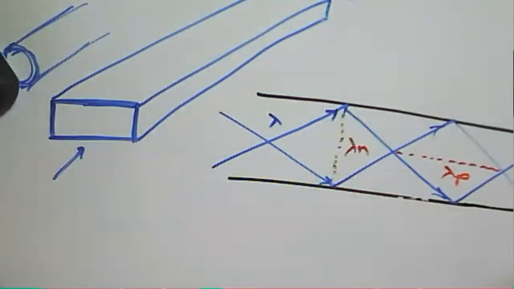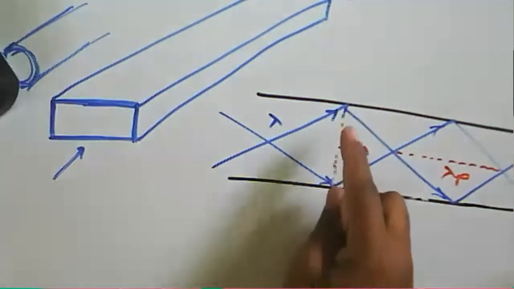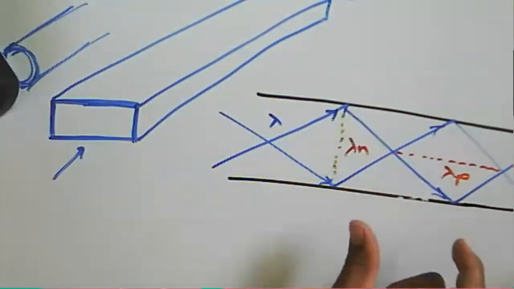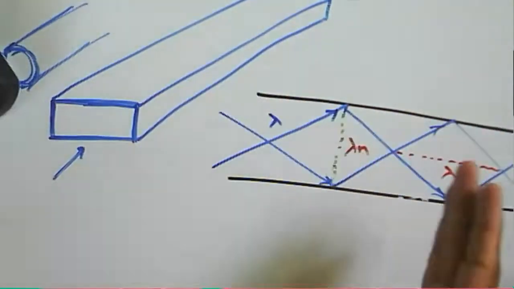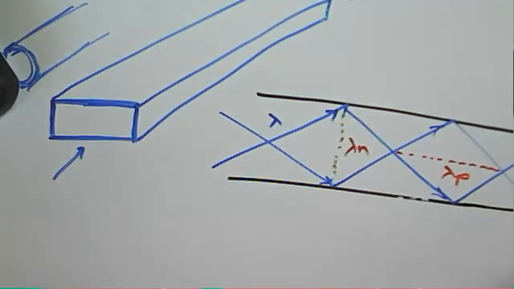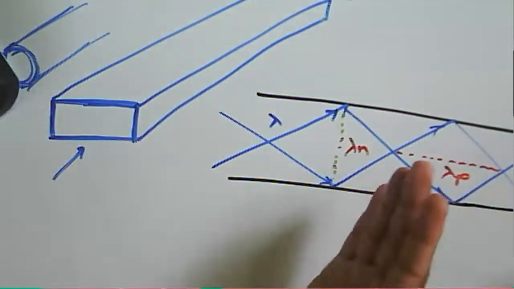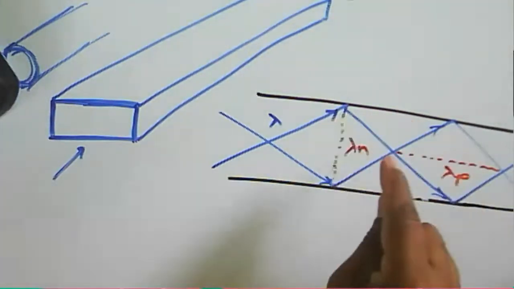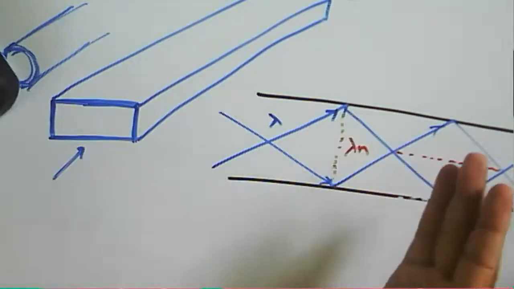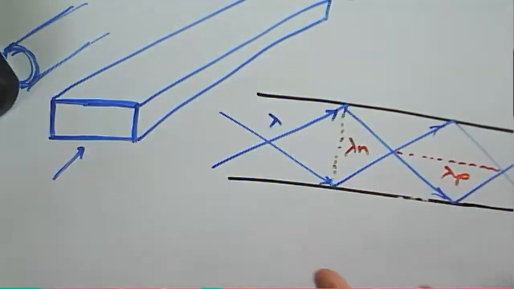That is the component in the direction normal to the reflecting plane, and another component parallel to this plane. If a plane wave is propagating through the guide, then there will be reflection in the waveguide, and that has a normal component in the direction normal to the reflecting plane and a parallel component parallel to this plane.